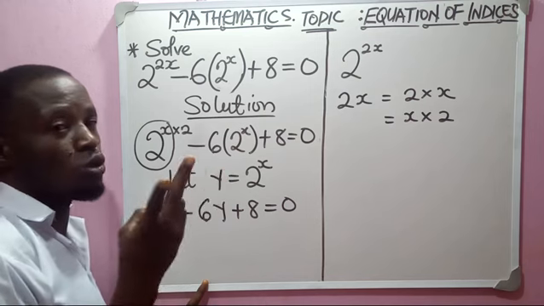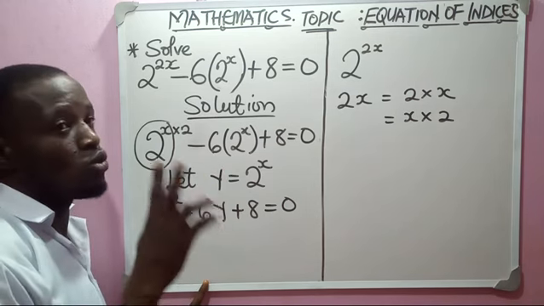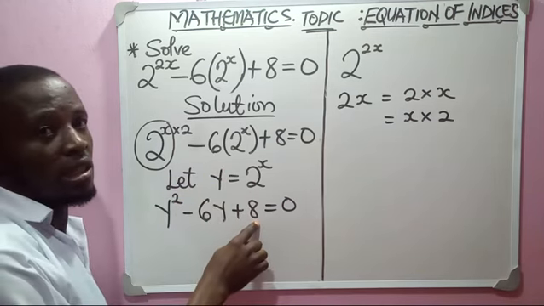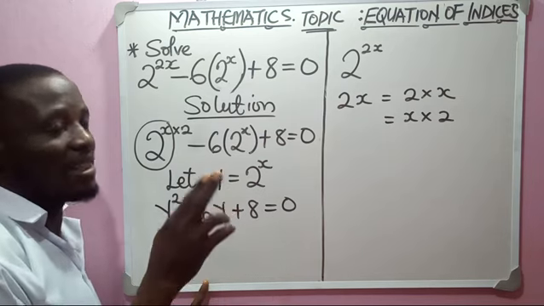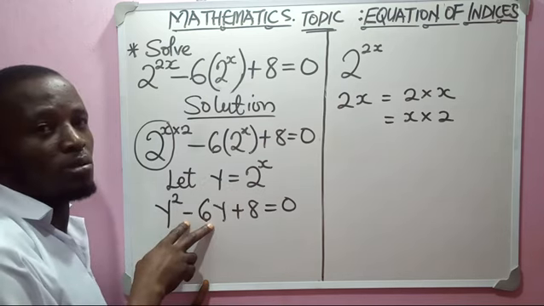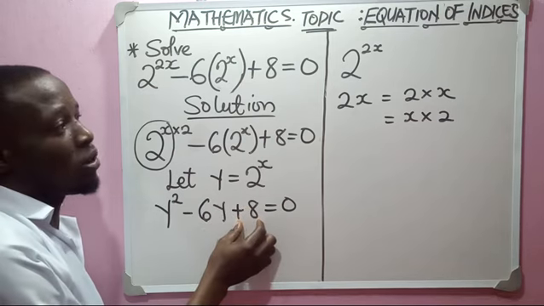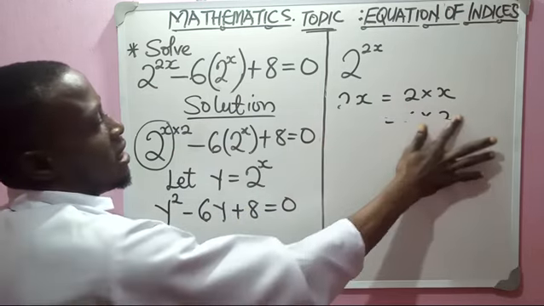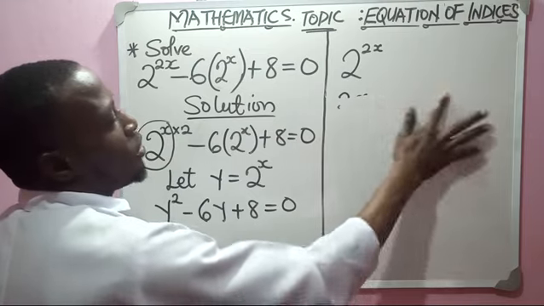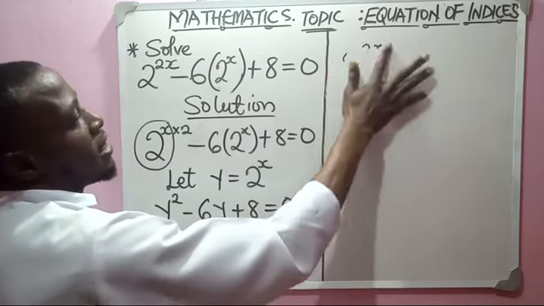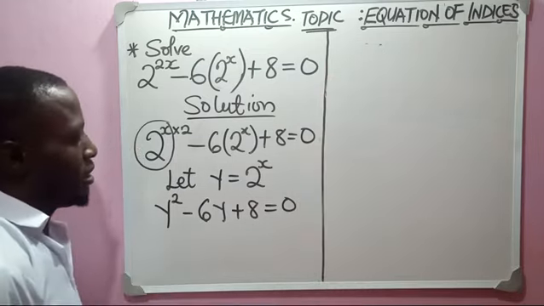I'm going to look for two numbers, two factors of 8, that when I add them, I'm going to get minus 6. When I multiply them, I'm going to get plus 8. Is it clear? Now look at it.